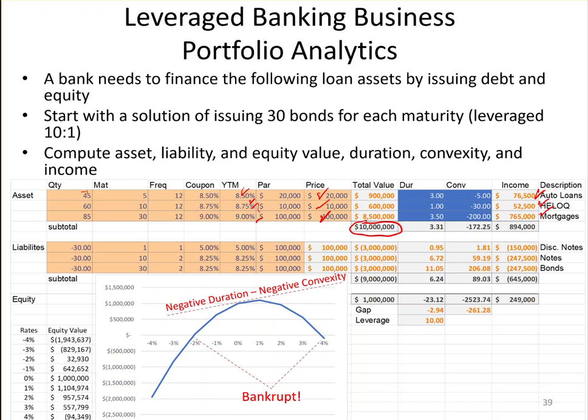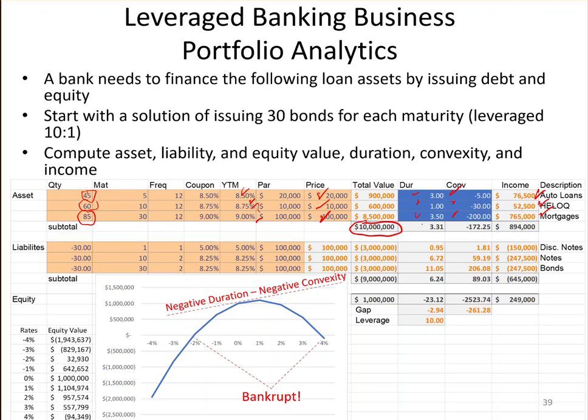They're buying 45 auto loans, 60 HELOCs, home equity line of credit bonds, and 85 mortgages. Notice I didn't use Excel's duration and convexity or the VBA duration and convexity. Since these are mortgages, they will require other models to get durations and convexity, so I just put in some values there.